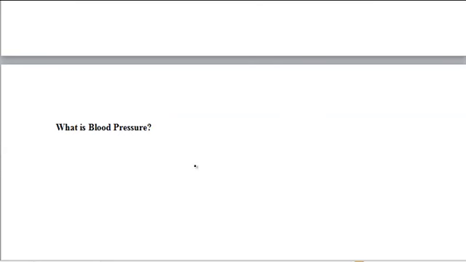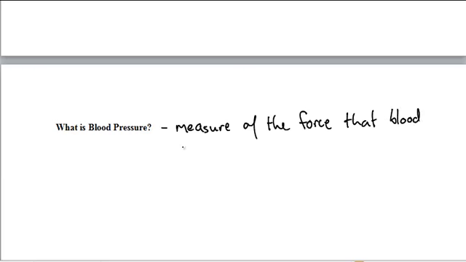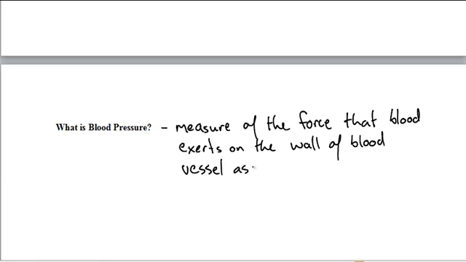So one thing that fits in with this part and blood flow through our blood vessels is blood pressure. And blood pressure is simply a measure of the force that blood exerts on the wall of a blood vessel as it flows through.